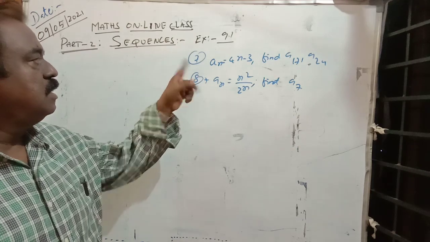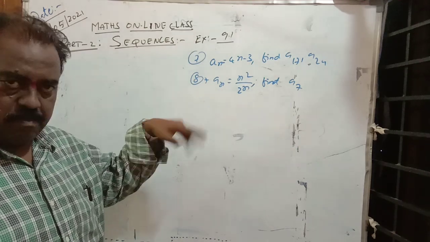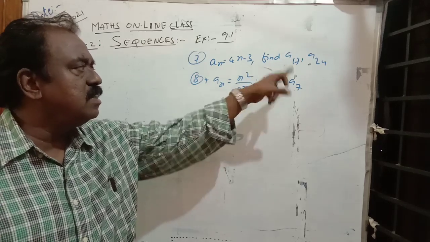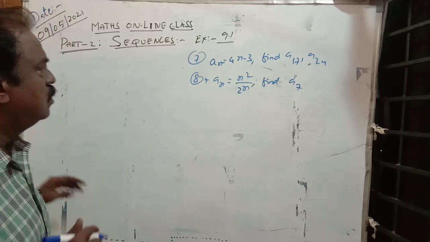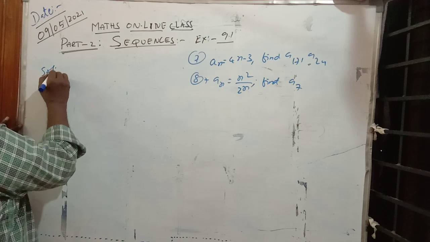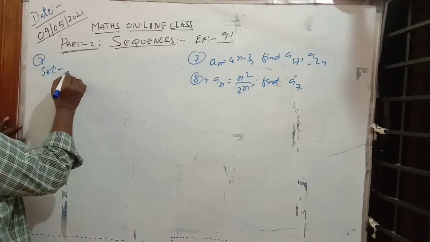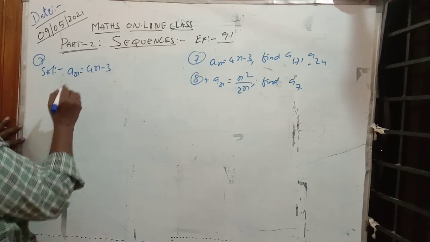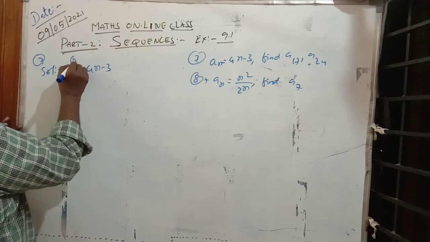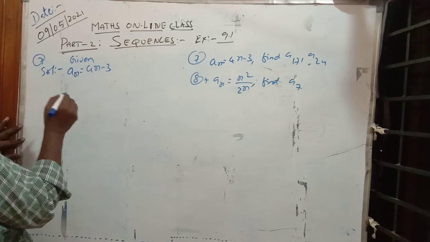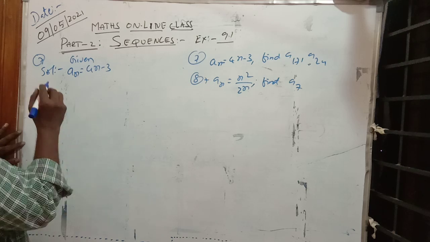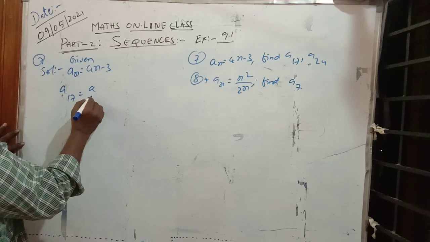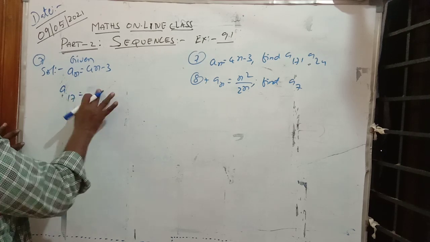But in problems 7, 8, 9, 10, we have to find what is given there, A17, A24. I will write the solution. The 7th solution: An is equal to 4n minus 3. This is the given nth term. So we have to find A17. That means n is equal to 17.